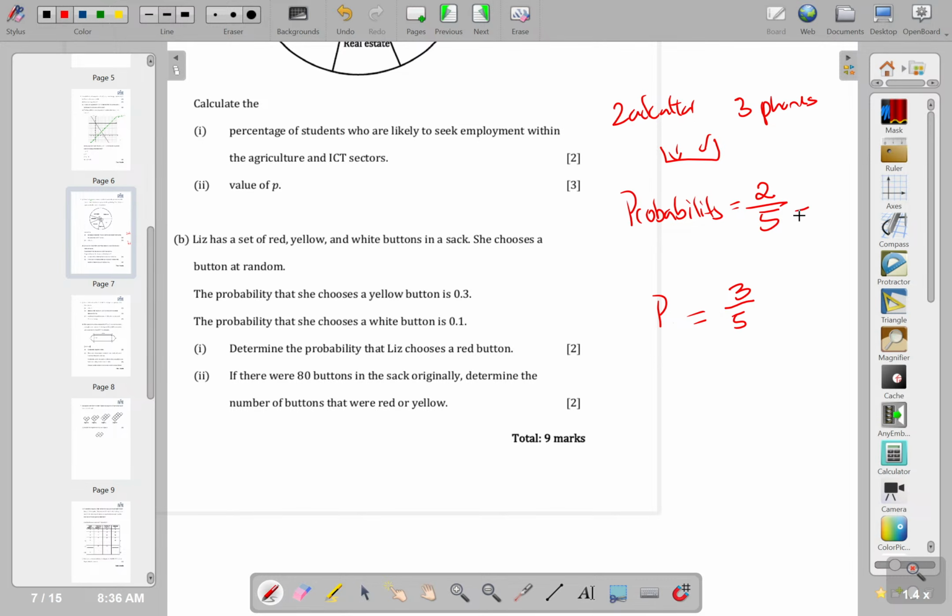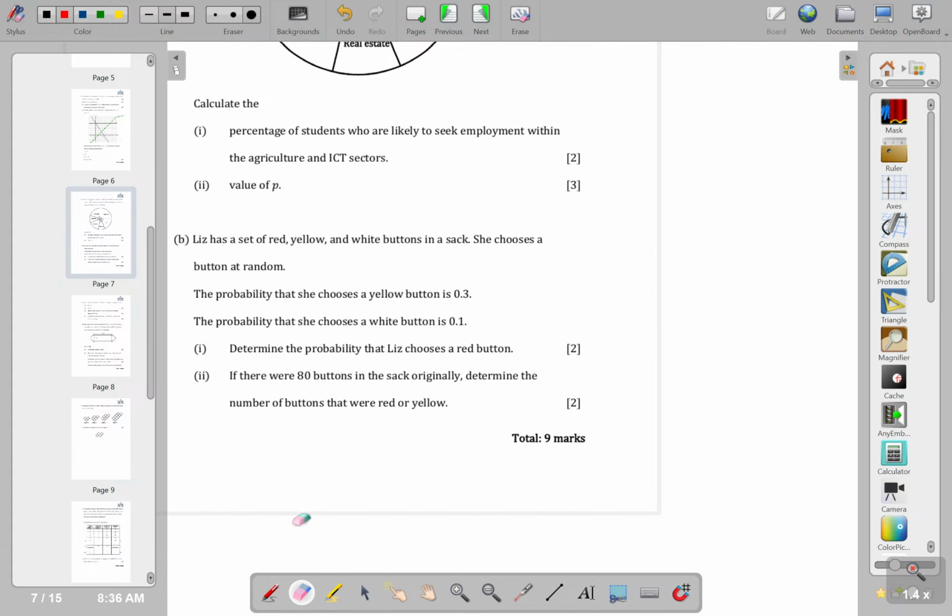Typically you put the total at the bottom and you put the number of objects matching your criteria at the top. So if I want a calculator, that is the criteria I'm after. How many calculators were in the bucket? 2 of them. So that's the number of objects matching your criteria.